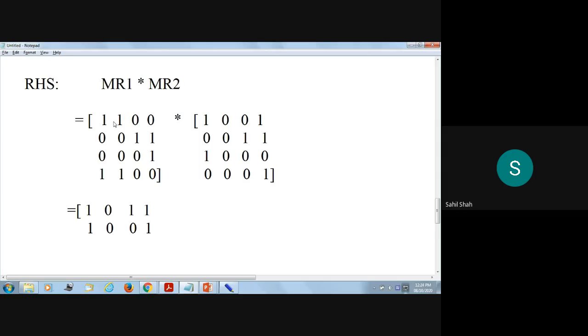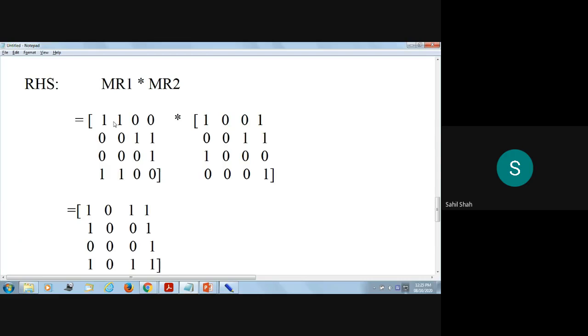Third row, first column, 0. Third row, second column, 0. Third row, third column, 0. Third row, fourth column, 1. Fourth row, first column, 1. Fourth row, second column, 0. Fourth row, third column, 1. Fourth row, last column, 1.